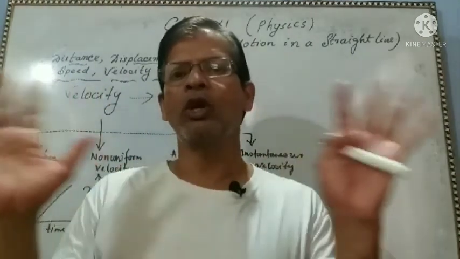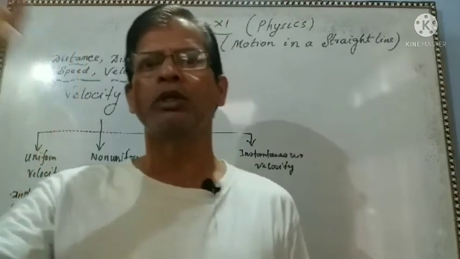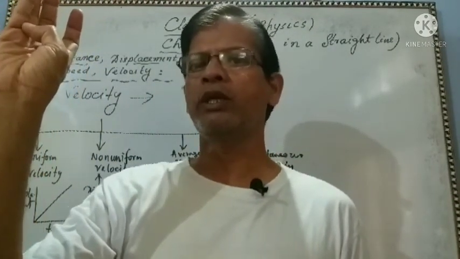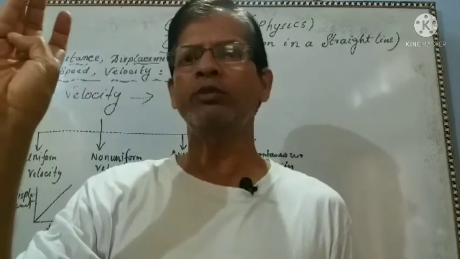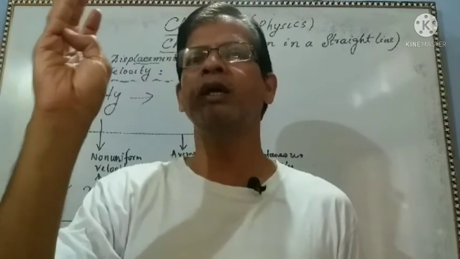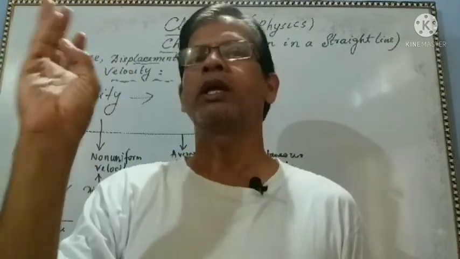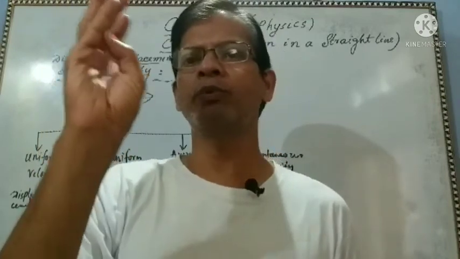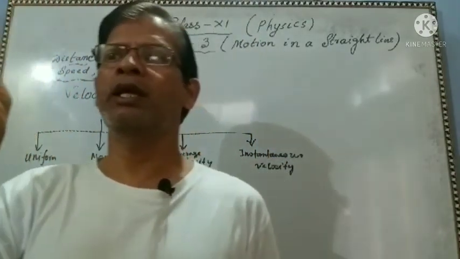So this is all about what we have got. Distance is a scalar quantity, always positive or zero, and it depends upon the path followed by the object. Displacement is a vector quantity because it depends upon magnitude and direction.